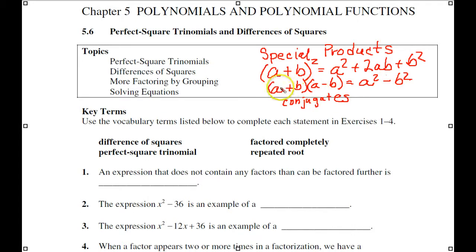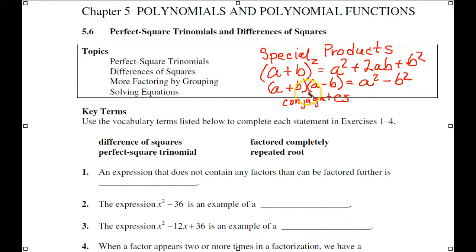And another name for these factors here, we said they were conjugates of each other, where one has a plus sign, the other has a minus sign, but the terms are the same. And whenever we multiply conjugates, we end up with the difference of perfect squares, and the middle terms cancel out.